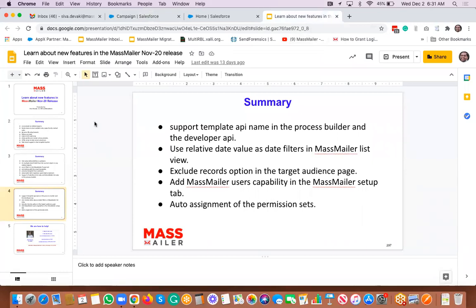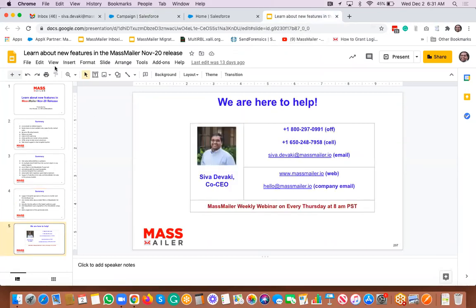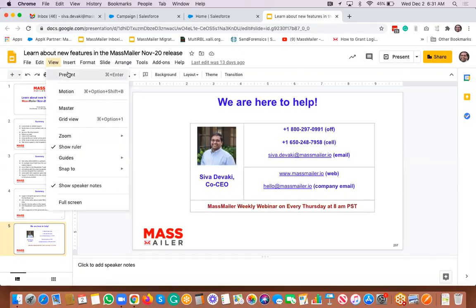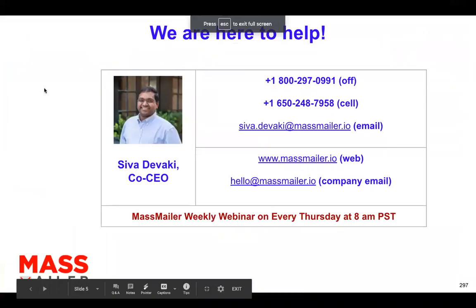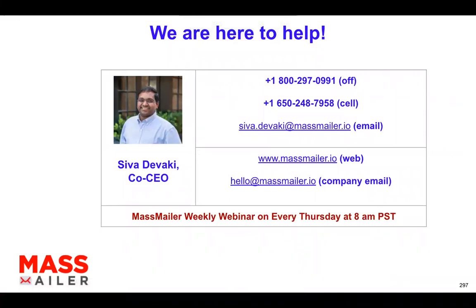I plan to conduct a webinar on how to migrate to this new app and what bare minimum settings you have to do when you're upgrading to the latest version. Especially the users need to be set up again. That I'm planning to cover.